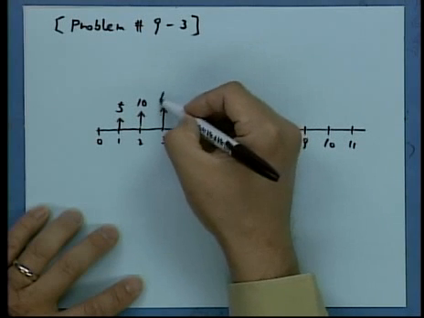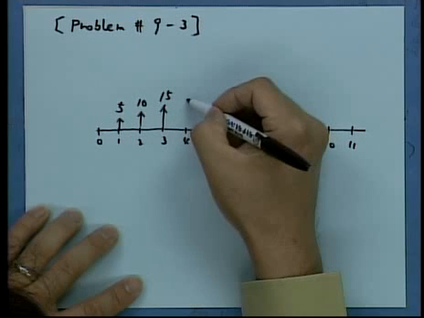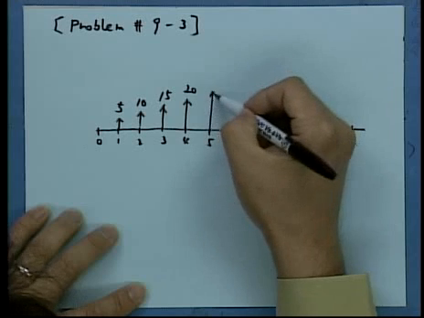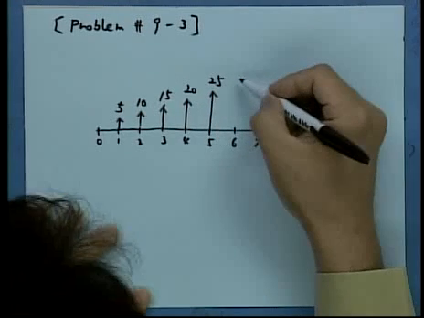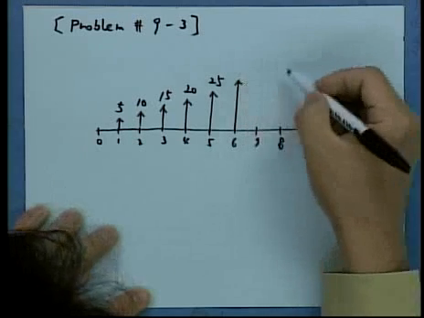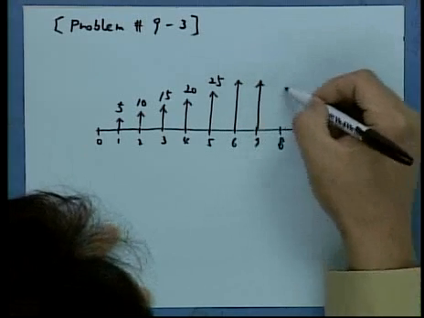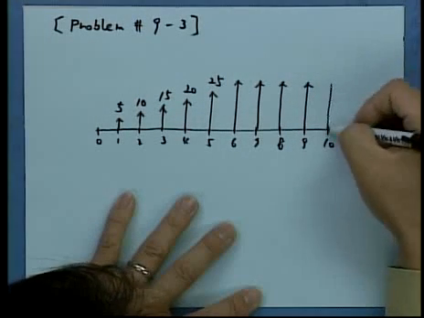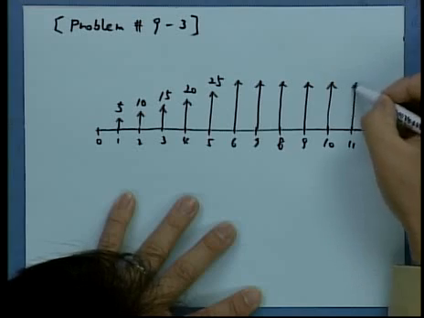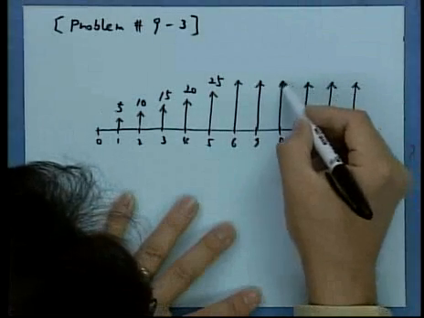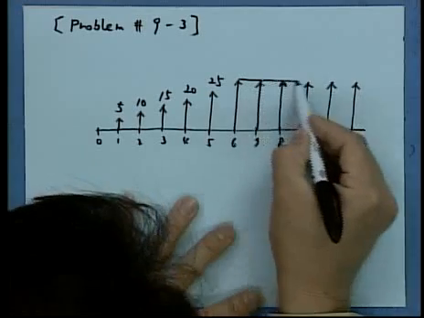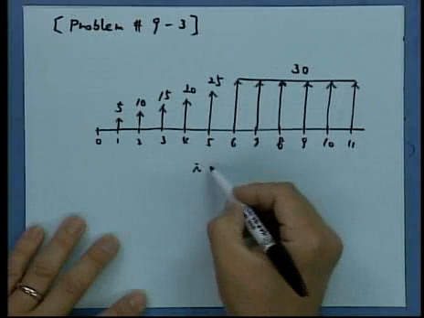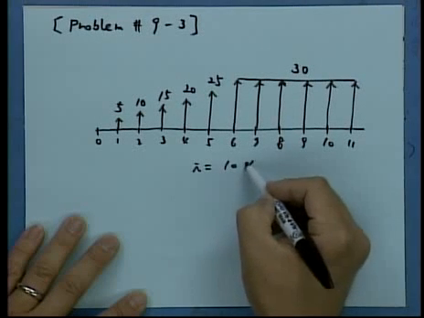At the end of period 3, we have 15. At the end of period 4, we have 20. At the end of period 5, we have 25. Since then, we have 30s until the end of period 11. Those are 30. Okay. And we are going to use an interest rate of 10%.